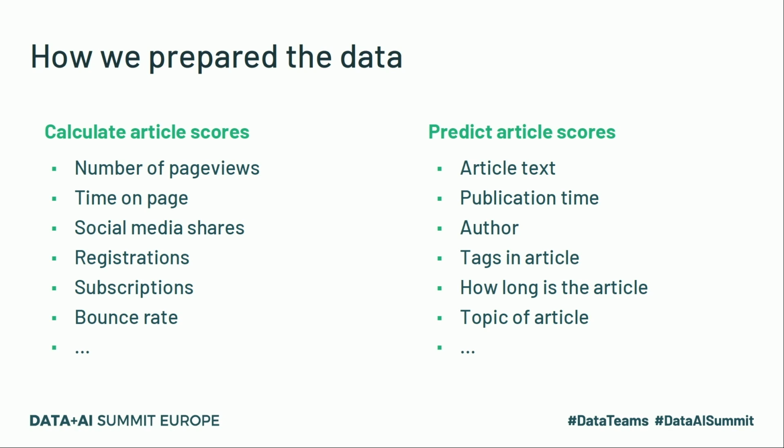We want to know how long the article is, what the topic of the article is, etc. And these things are used to extract features later for predicting the score for new articles.